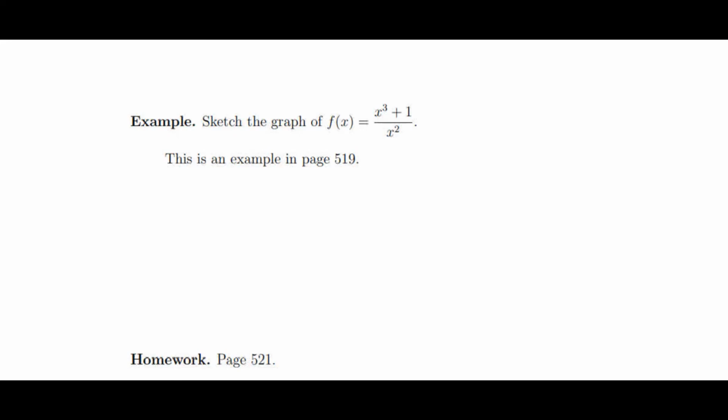So let's check this example from the textbook. At first, the vertical asymptote: we solve x squared = 0, and we have only one solution, x = 0. Then for the other asymptote, we regard this as a division and find the quotient part.